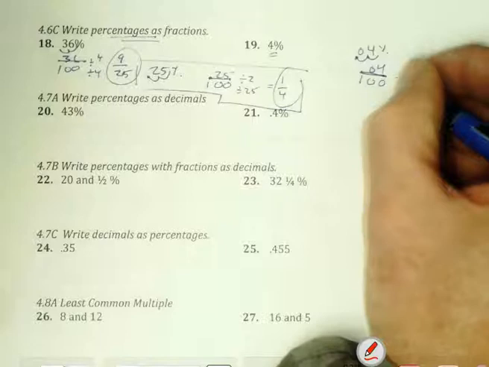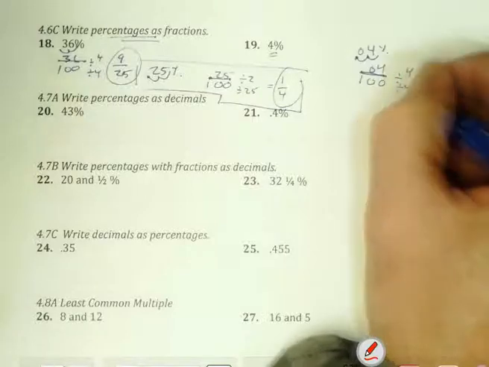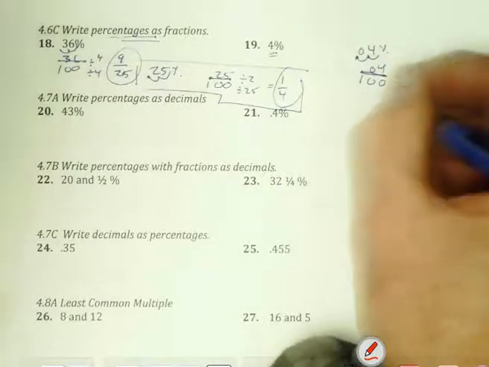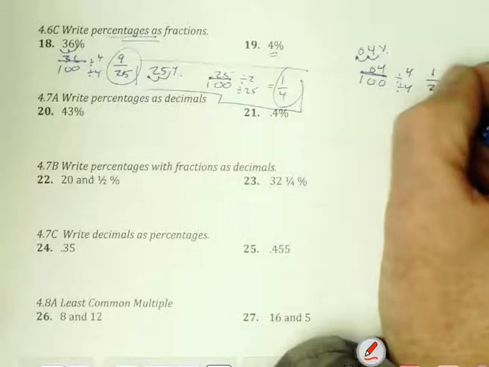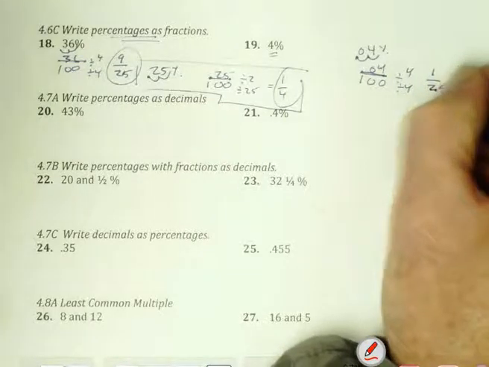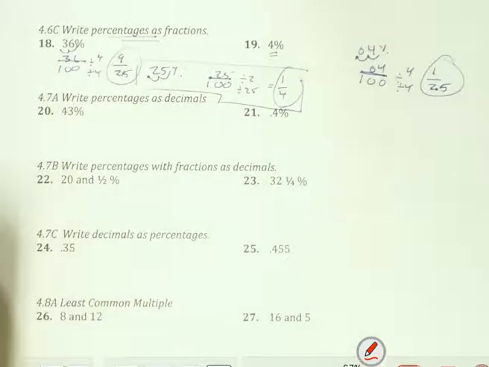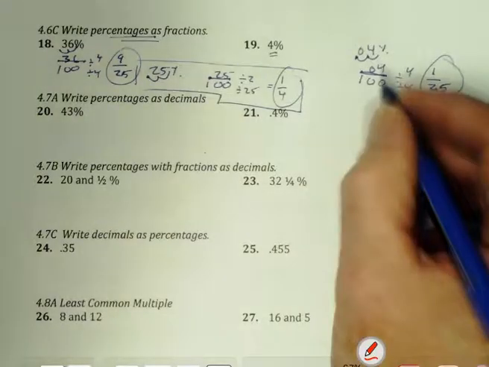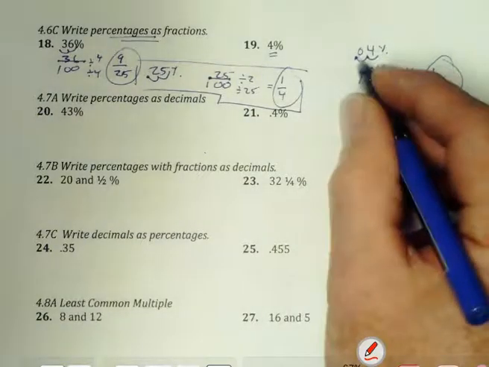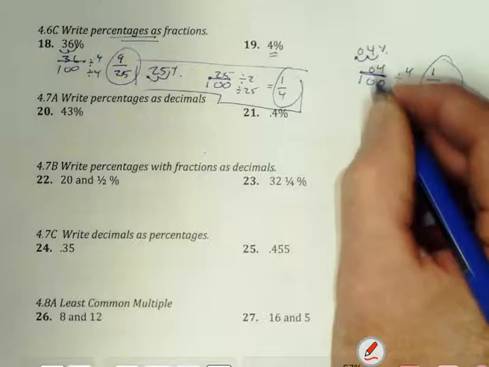Well, I can divide both of these by 4 again. 4 divided by 4 is 1. 100 divided by 4 is 25. So I get to 1/25. Sometimes kids get 4/10 and 2/5 out of that, but you got to remember, move the decimal, 0 under each digit, then a 1 in front.